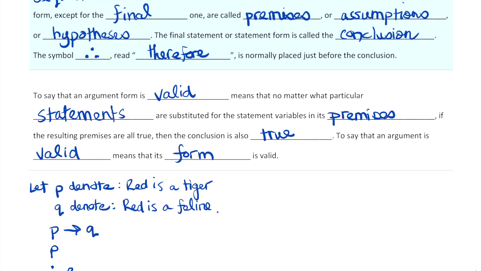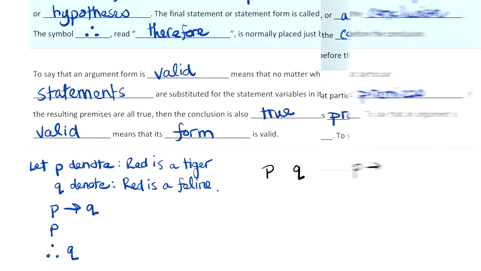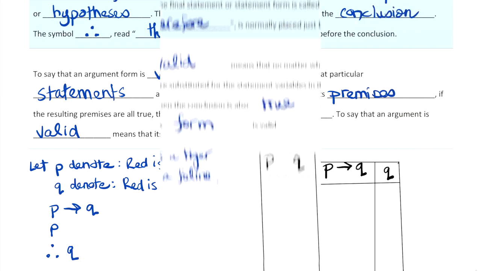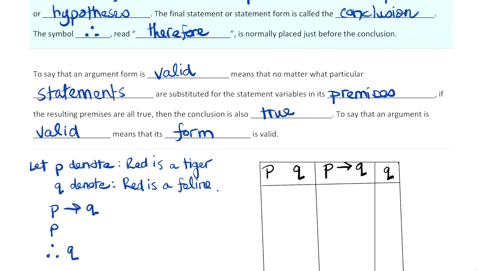Now, let's check out the truth table, your very favorite thing to do. So if we make our truth table, the way I set it up is I have the regular P and Q, and then P implies Q, and then the conclusion Q. So that'll just be kind of a repeat, but it can be a little easier to keep track of, all right? So here we go.